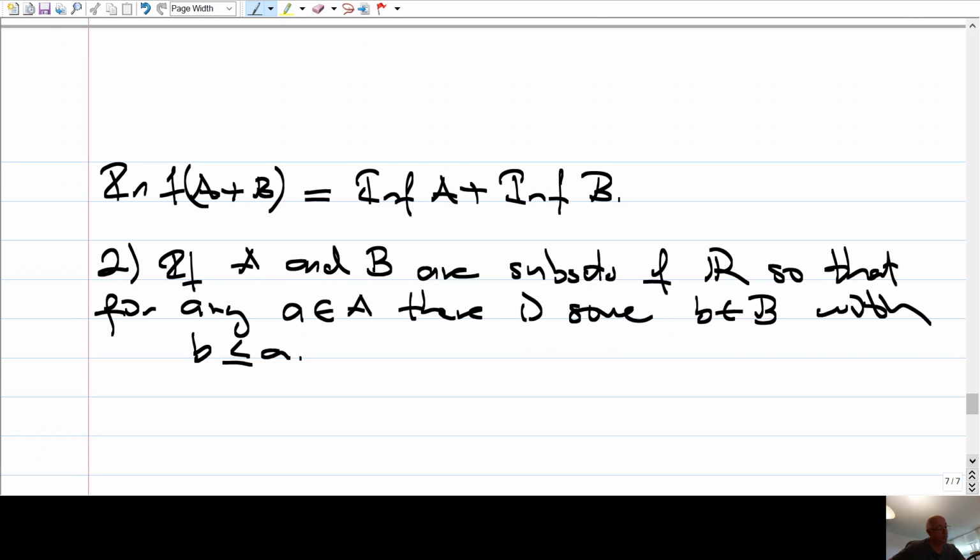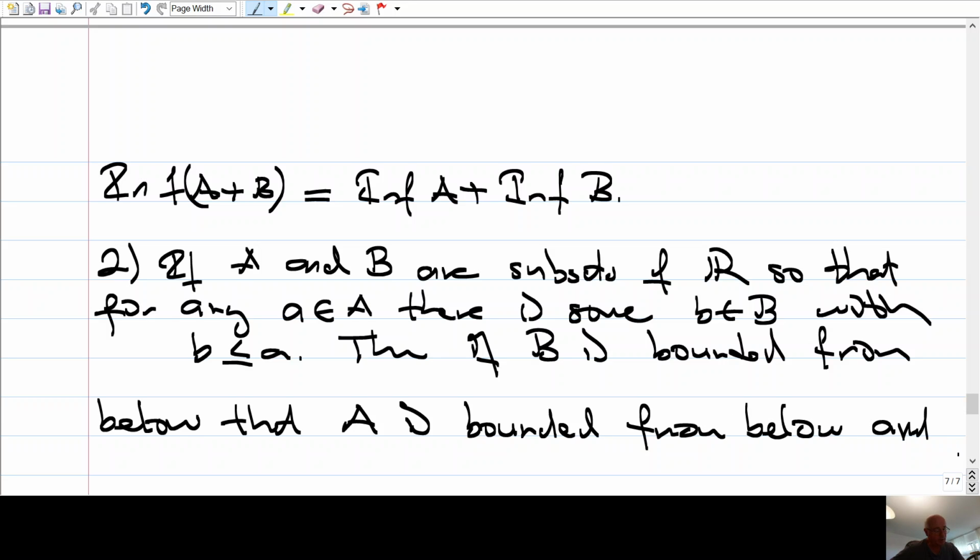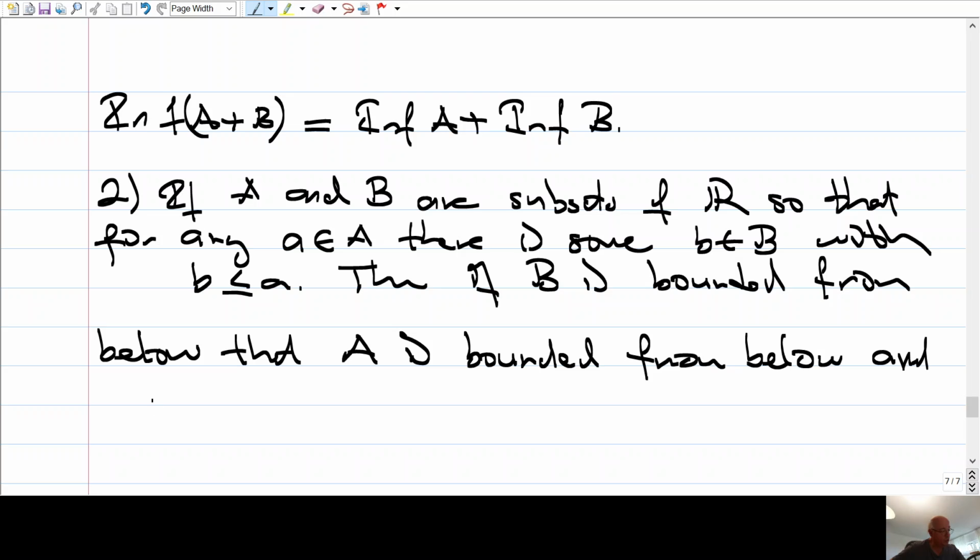Okay. Then the conclusion is this. If B is bounded from below, then A is bounded from below, and I can compare the infimums. The infimum of B is less than or equal to the infimum of A, because B has smaller elements, right?